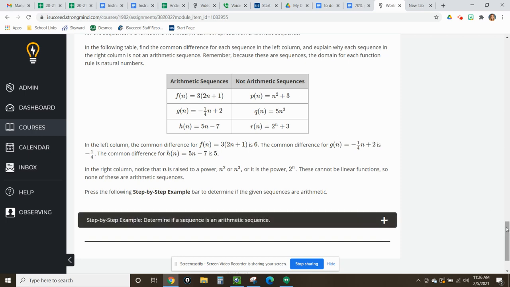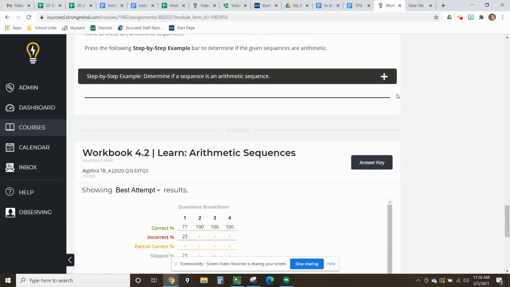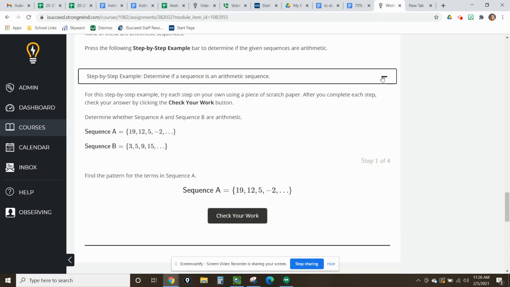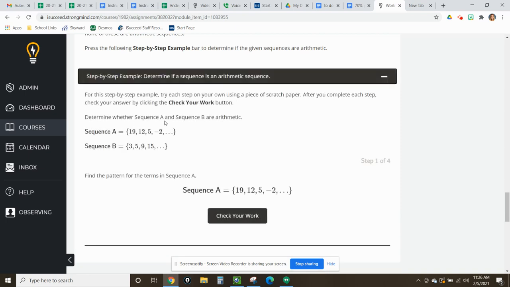All right, let's look at the step-by-step. Determine whether sequence A and sequence B are arithmetic. Remember, that means we're adding or subtracting the same thing every time. From 19 to 12, I'm subtracting 7. From 12 to 5, that's subtracting 7. From 5 to -2, that's subtracting 7. So every time here, I'm subtracting 7.